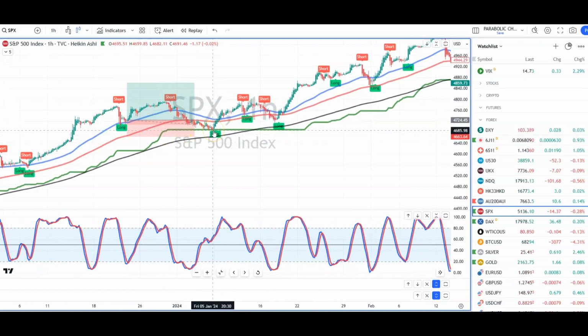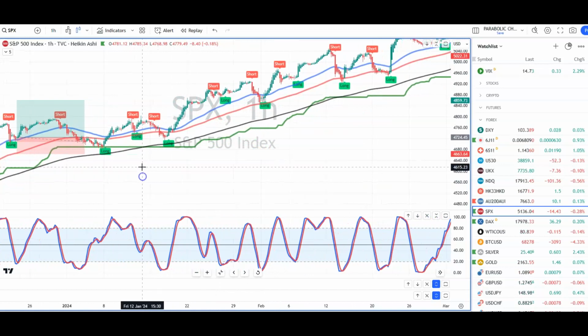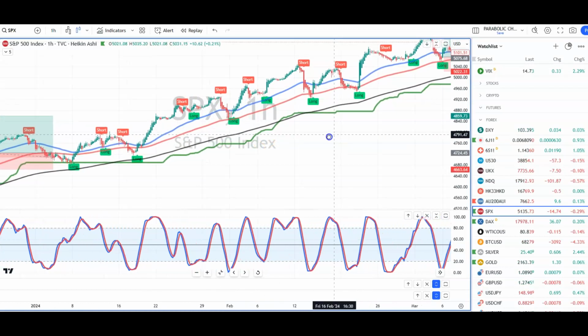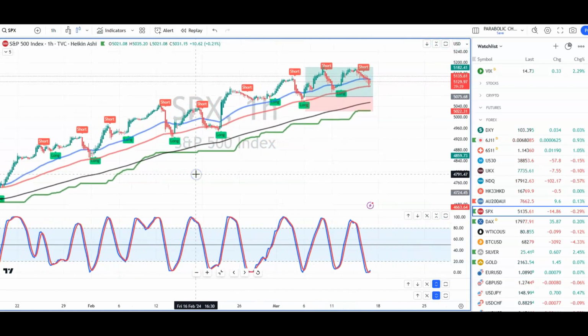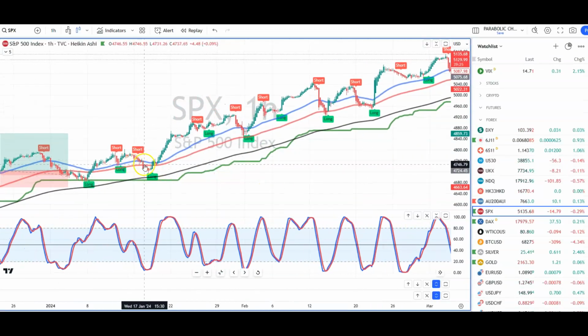You might have got stopped out there, I don't know, depends what time you put it on. There, there, there, there, and that banks all the money. So it depends what kind of budget you have, what size of account you've got, what type of trader you want to be. Maybe you just want to be a trader that does this, does this, does this. Wait for the price to come into the moving averages.